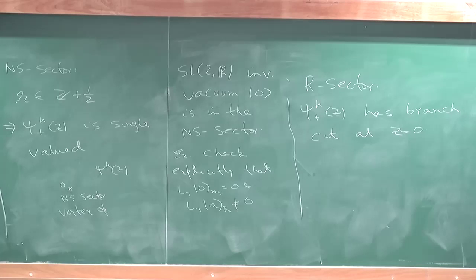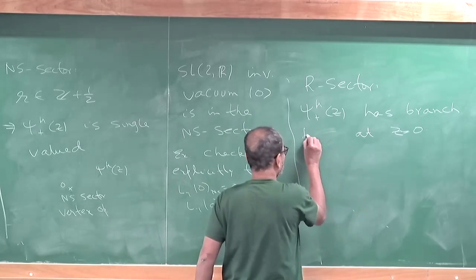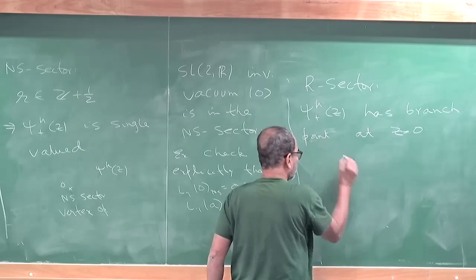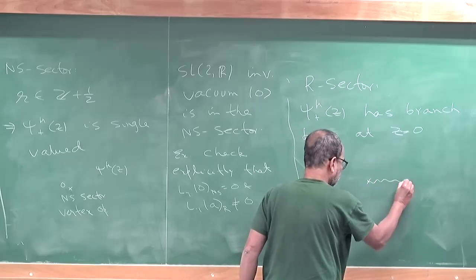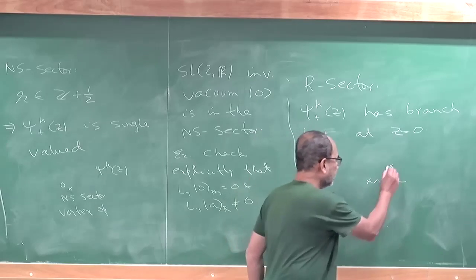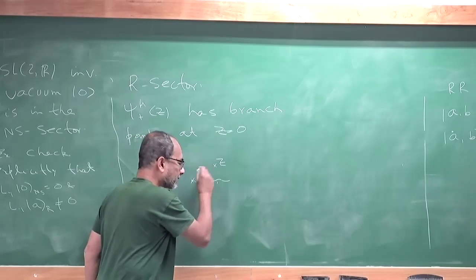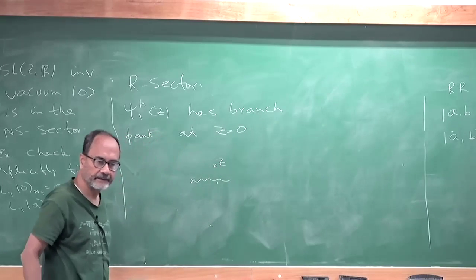In the z plane it's a half integer expansion, so it must have a branch point. There is a branch cut going from here. If you take psi mu of z here, by the time you come back to here, it picks up a minus sign.